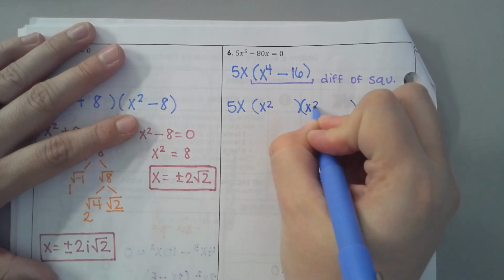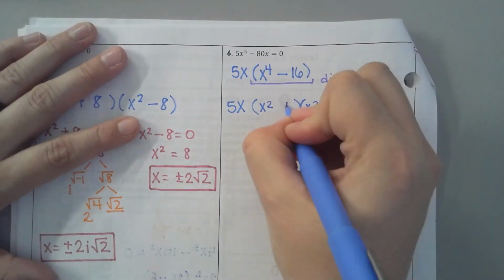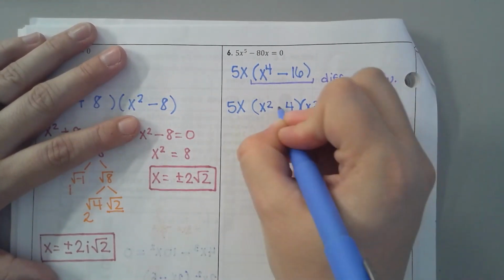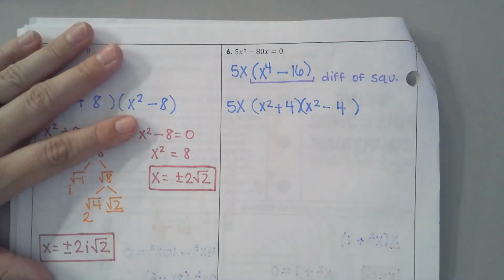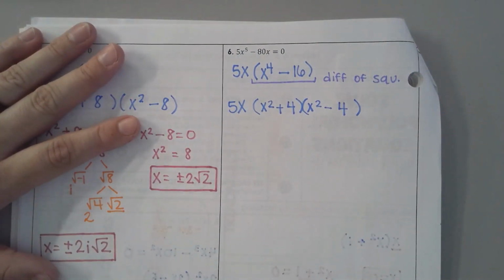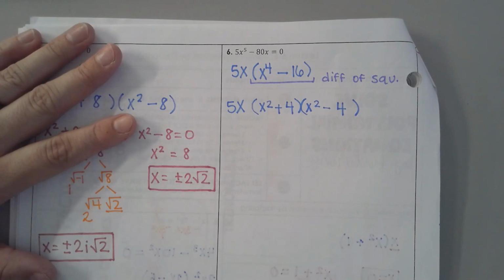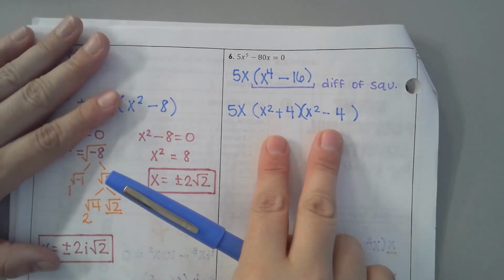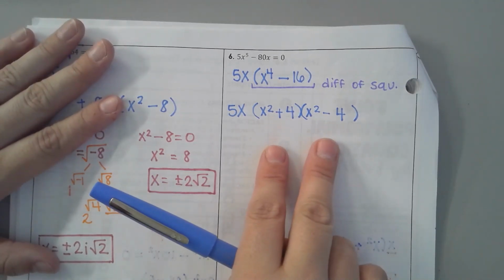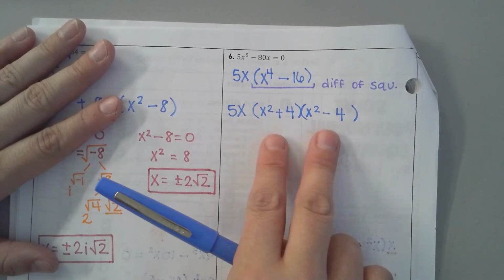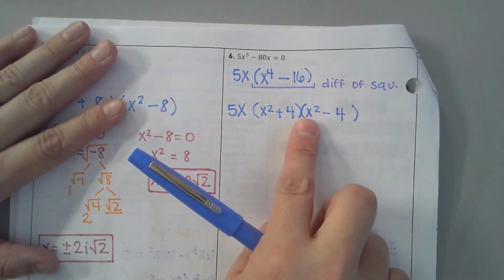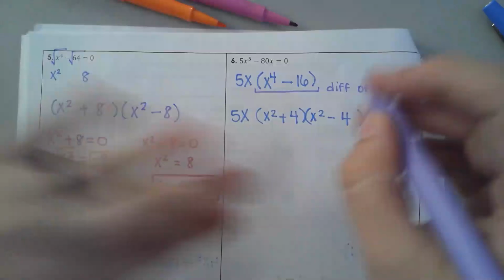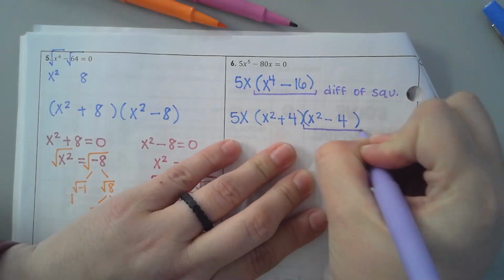And what's the square root of 16? 4. Okay. Every time you do this, you look at the parentheses to see if something can be done again. Do we have something that can be factored more? The second one, what is that? This is also a difference of squares.